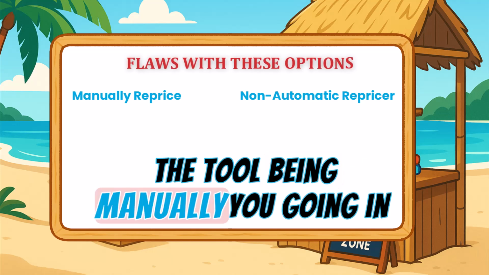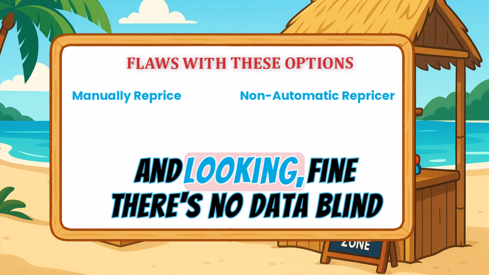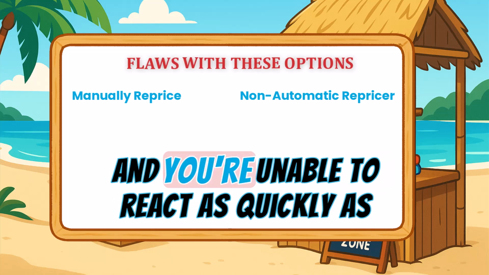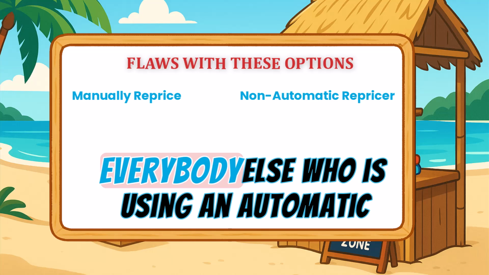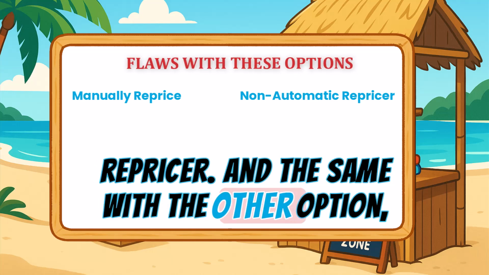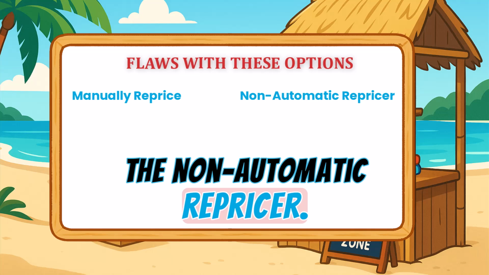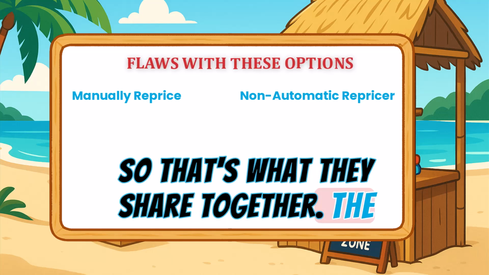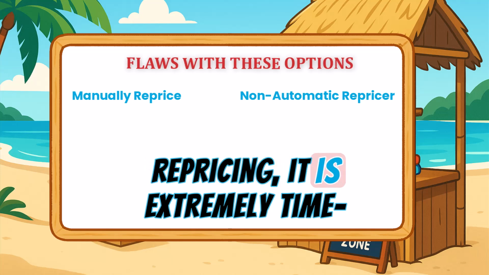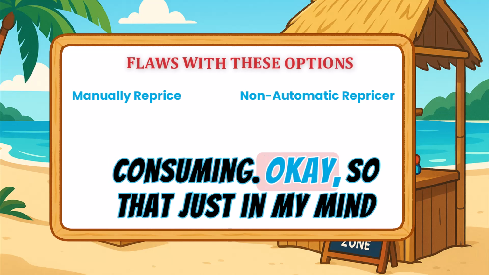The tool being you manually going in and looking. Fine, there are no data blind spots, but you're just changing your price and you're unable to react as quickly as everybody else who is using an automatic repricer. And the same with the non-automatic repricer. That's what they share together. The big difference is that manually repricing is extremely time consuming, okay?